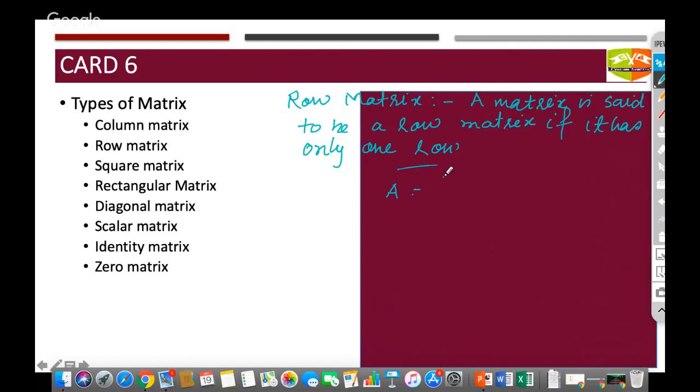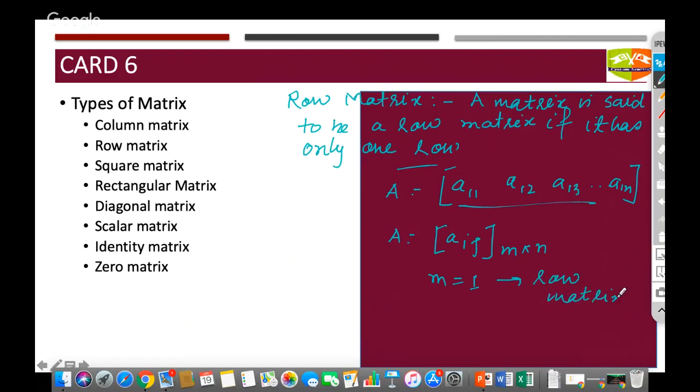In case of row matrix, I'll write A11, A12, A13 till I write A1n. Any general matrix would be written like that, aij m into n. If m is equal to 1, it becomes a row matrix, so I'll write it as A is equal to aij 1 into n. If you write it, you get full marks for this.